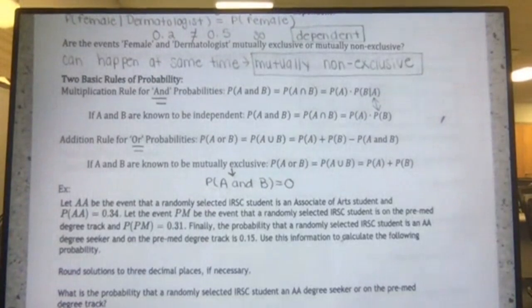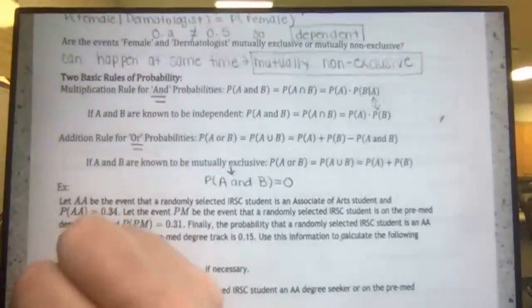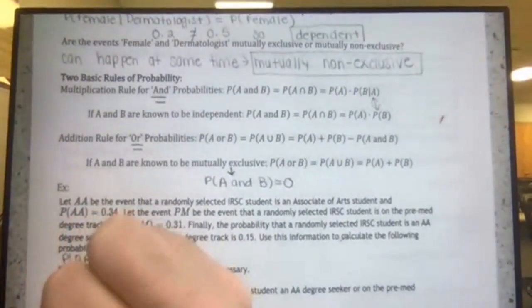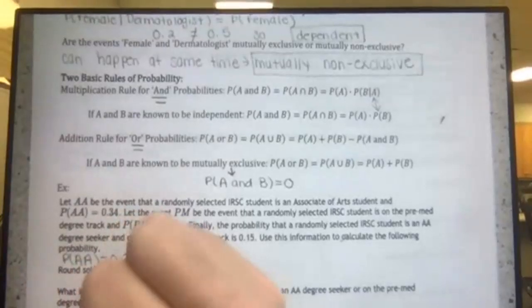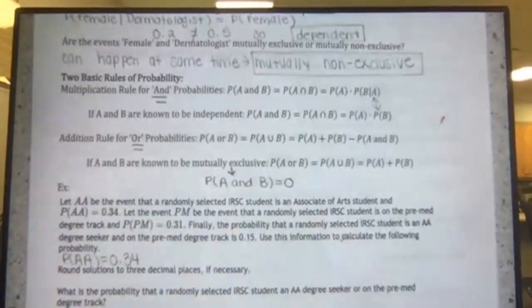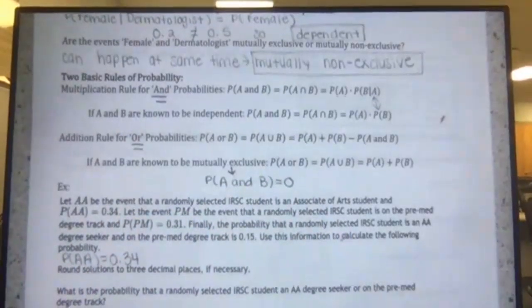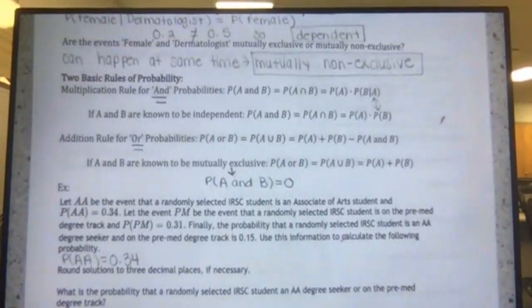Let AA be the event that a randomly selected IRSC student is an Associate of Arts student, and the probability of AA be 0.34. So I'm just going to write that out so that way I don't have to go up there. Probability of AA equals 0.34. Let the event PM be the event that a randomly selected IRSC student is on the pre-med track.